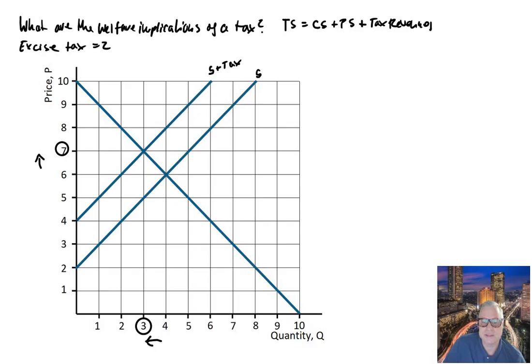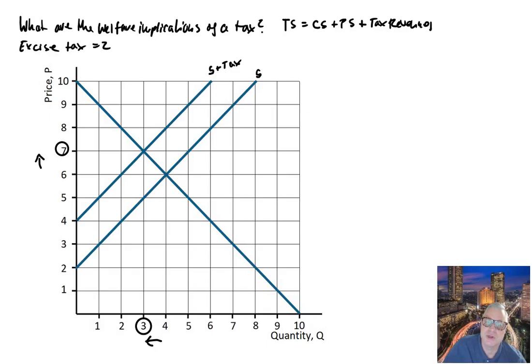Well, the reason is that at the price of 7, we lose some producers. When there was no tax, there was a marginal producer who still could supply a small amount at the price of 6. But now that producer faces an additional cost of 2, so the price would go up to 7, but there is no demand anymore for it.